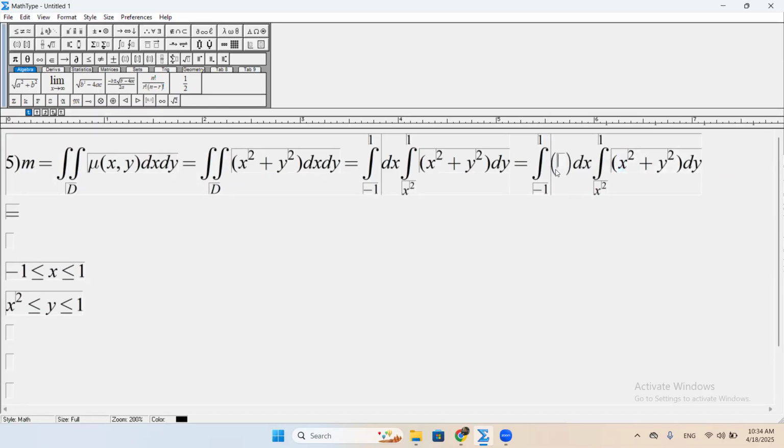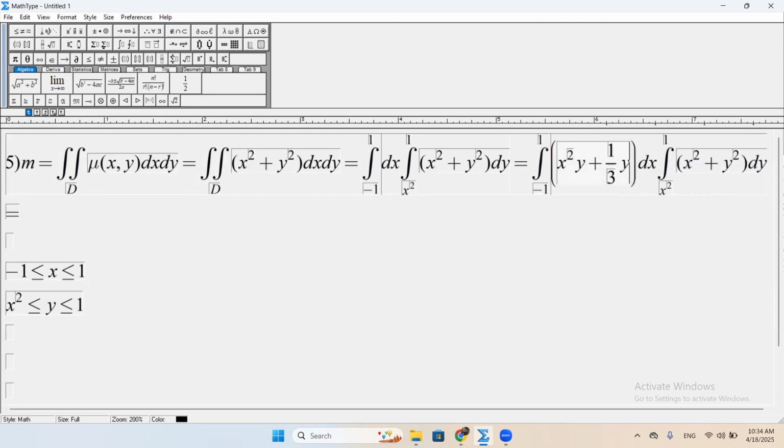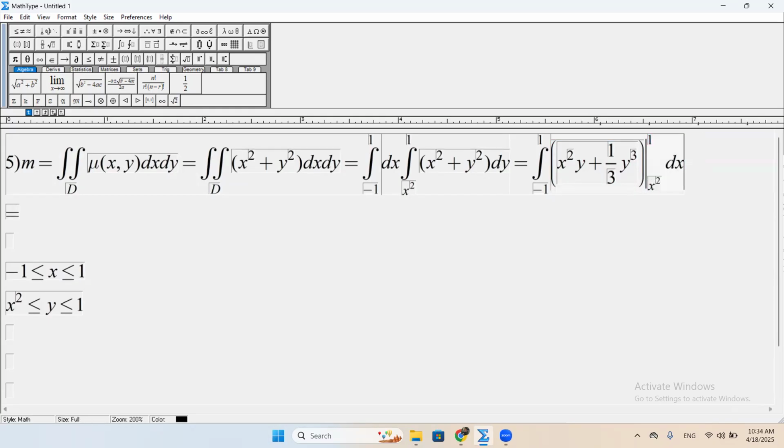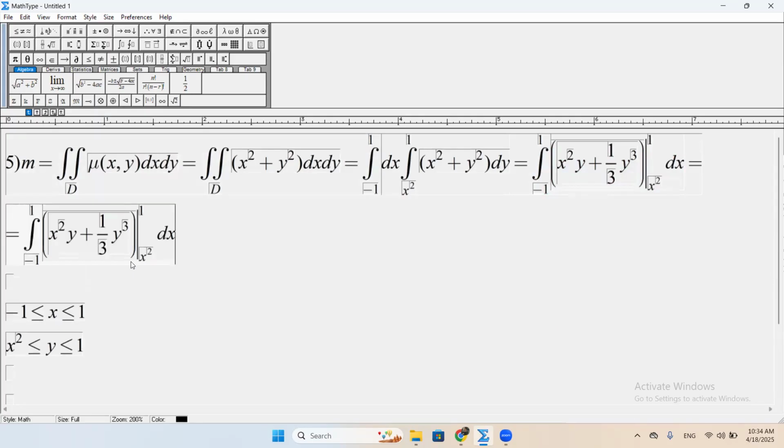So x squared y plus 1 over 3 y cubed with substitutions from x squared to 1. And now substituting, so what will we receive?